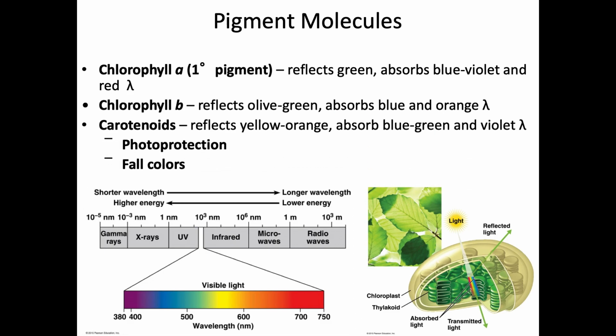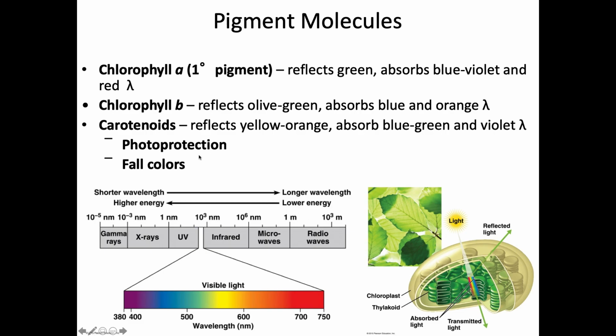So there are many players involved in photosynthesis. You have your chlorophyll pigments, which absorb the sunlight, and you have carotenoids, which are also pigment molecules that absorb sunlight energy.